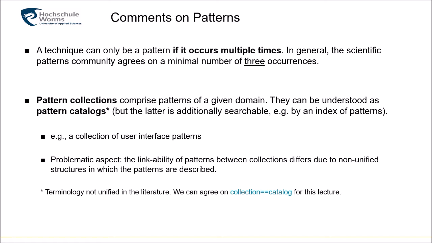Now, a technique can only be a pattern if it occurs multiple times. In general, the scientific community agrees on a minimal number of 3 occurrences. However, in information hiding, there is no such agreement, and sometimes, even if a hiding technique appears only once, if it's new, then it's still a basis for a pattern at least.